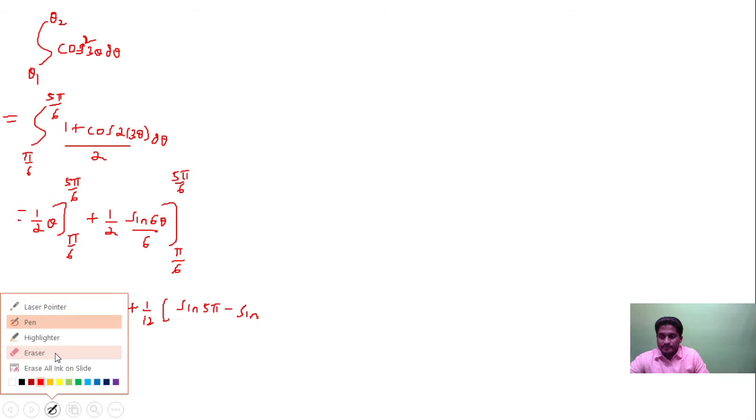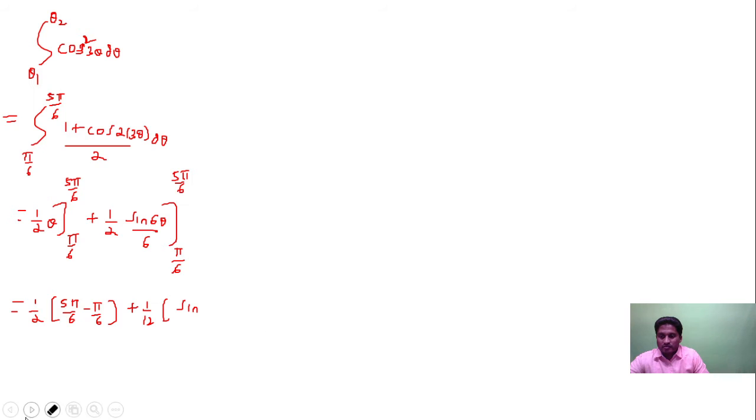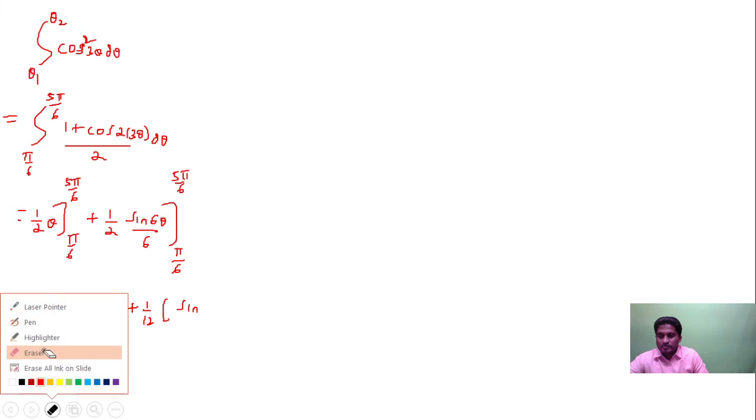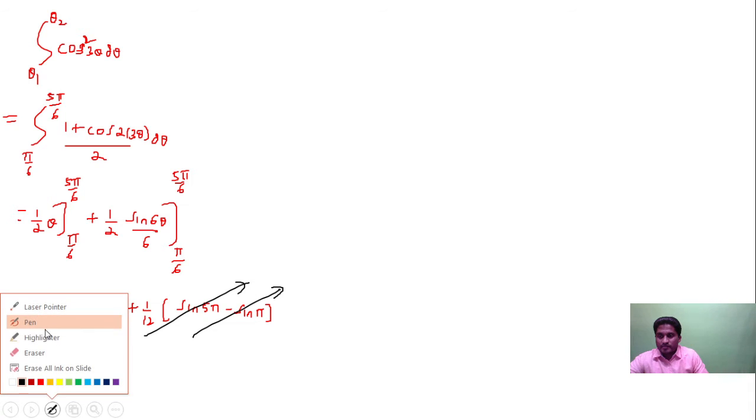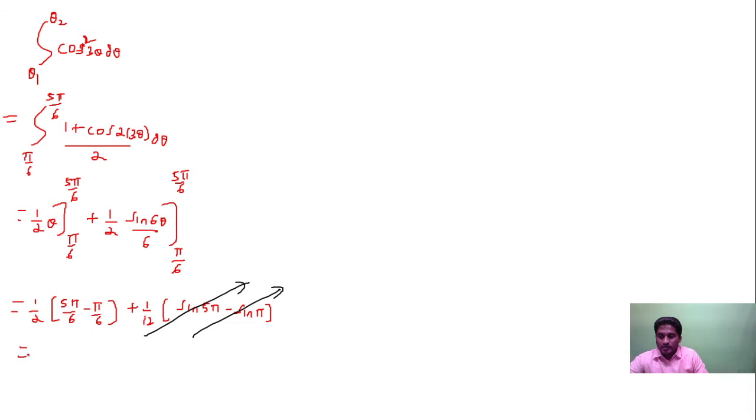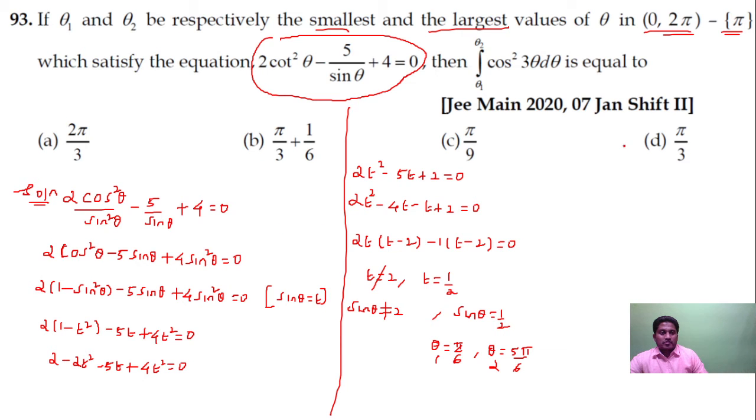Anyways that is 0 only, sine of any multiple of pi is 0. So this is 0 and this is 0. So you will get 1 upon 2 into 4 pi by 6, so that is equal to pi by 3. That's the answer, guys. The answer is option D.